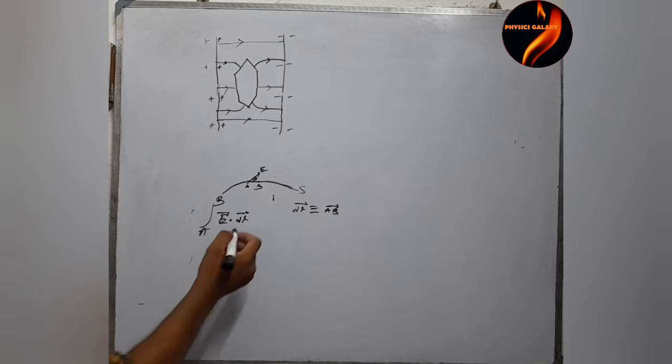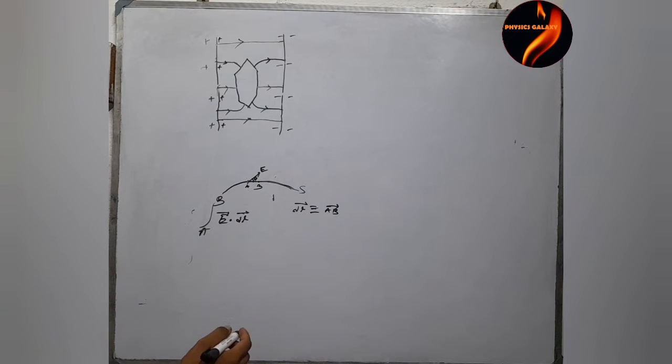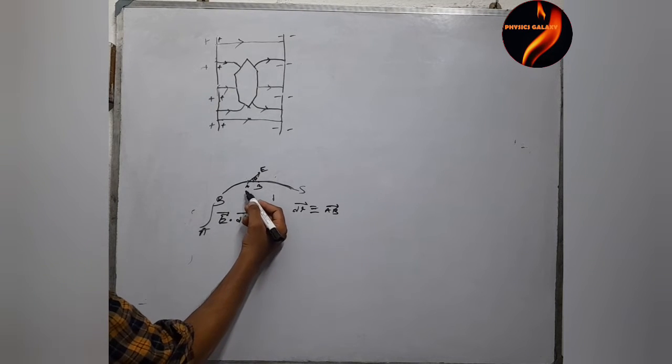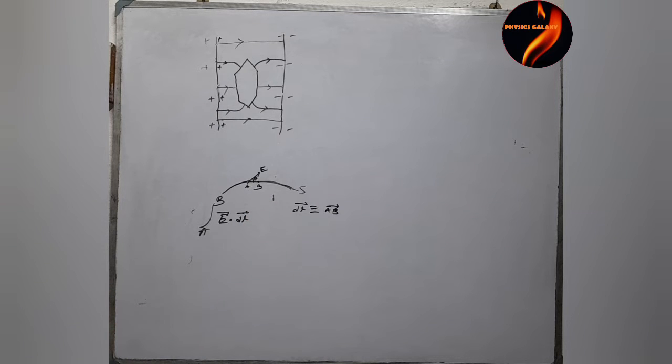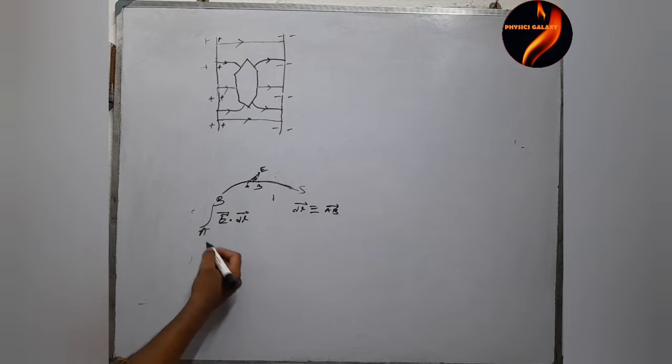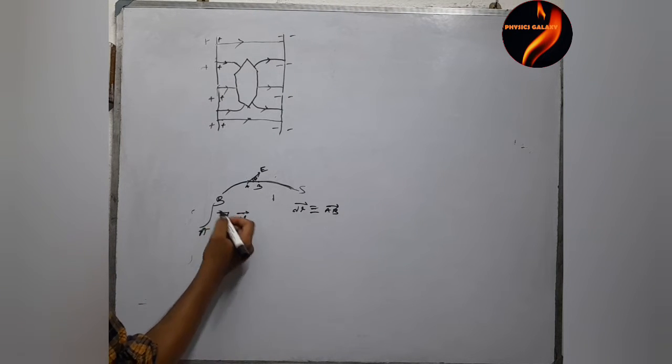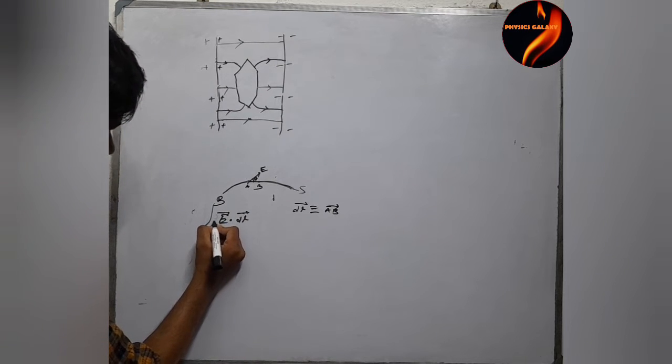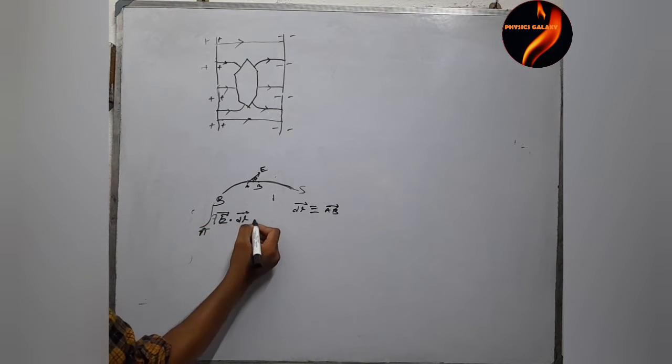We know that the conductor is an equipotential surface, so we don't need any work to move this charge from point A to point B. So the integration from A to B of q times E dot dl, meaning the work done, should be 0.